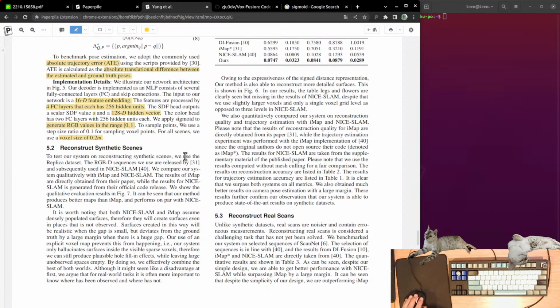We test our system on reconstructing synthetic scenes using the Replica dataset, comparing against iMAP and NICE-SLAM. Our method produces better maps than iMAP and performs on par with NICE-SLAM.